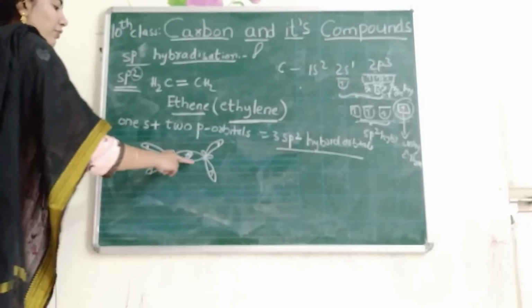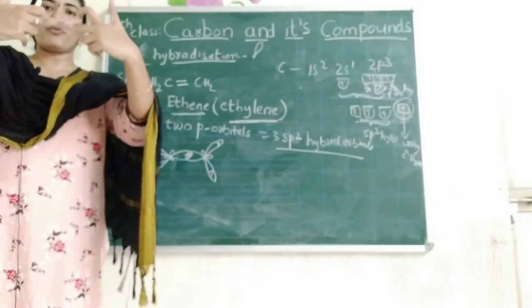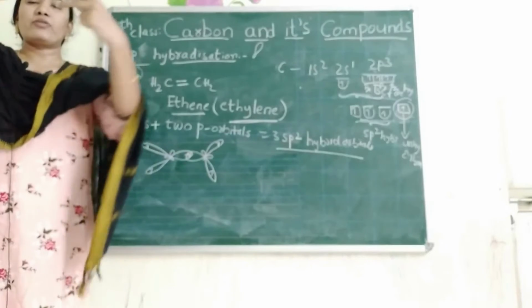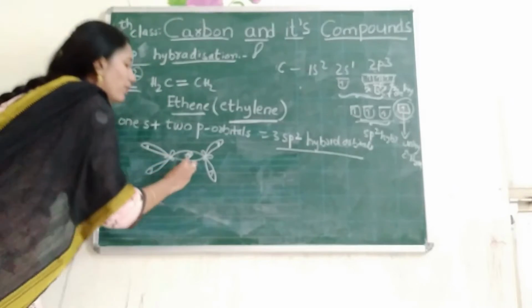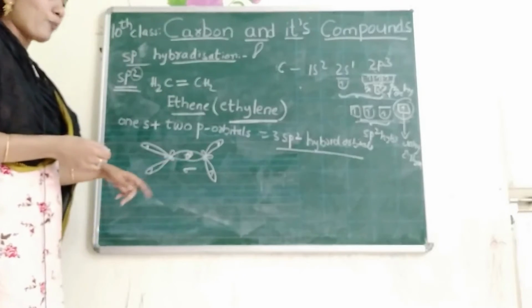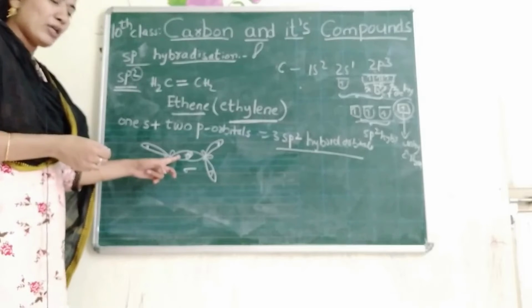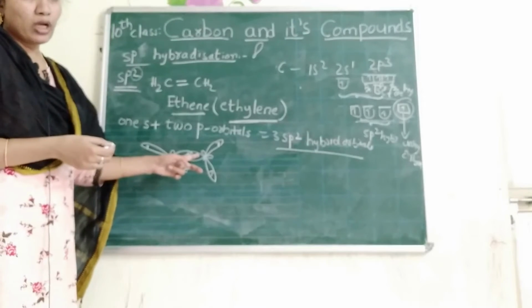Okay, here which overlap is here? End on end overlap. This is end on end overlap. This is sideways overlap. End on end overlap leads to which bond? The end on end overlap leads to the sigma bond. Here the sigma bond is formed between the sp2 hybrid orbital of this carbon and the other sp2 hybrid orbital of this carbon.